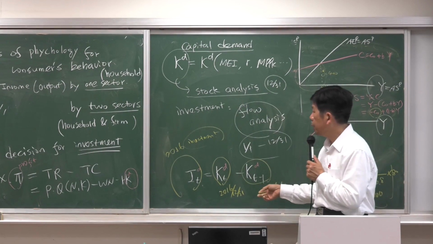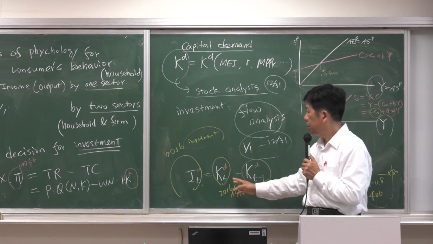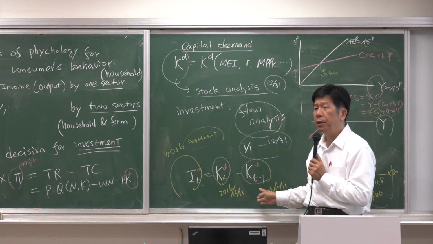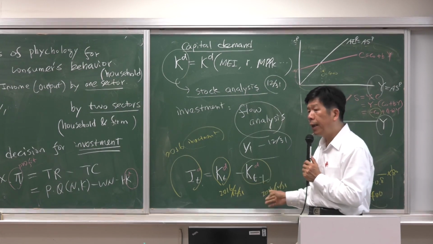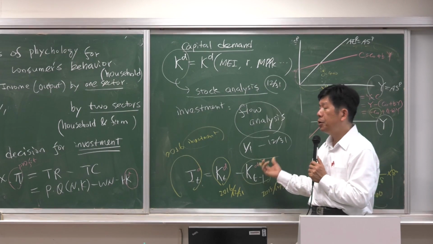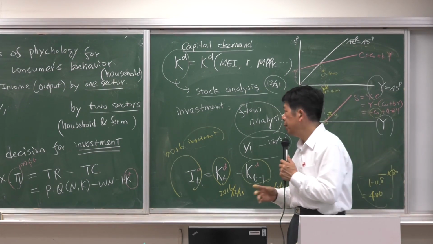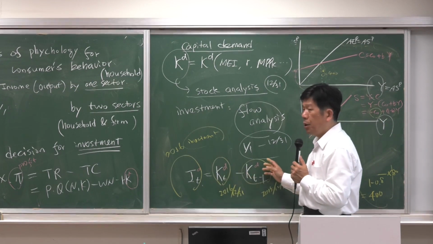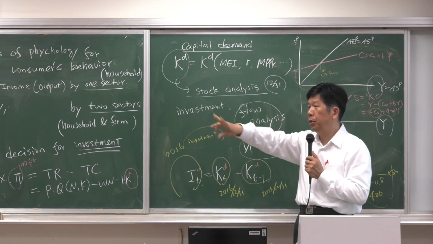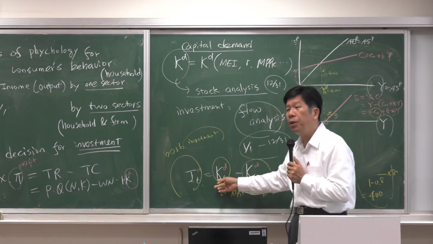We only calculate from the stock analysis during the different periods, okay, different days. Then we can calculate any change for your investment in this 1 year. For example, last year you have 2 run, okay, and this year you have 3 run.